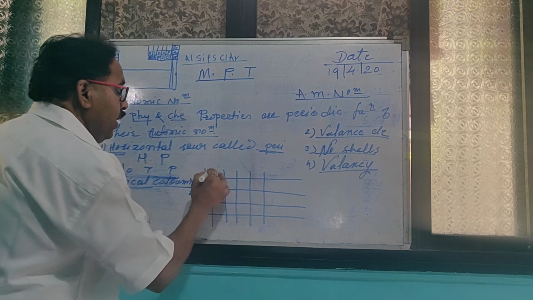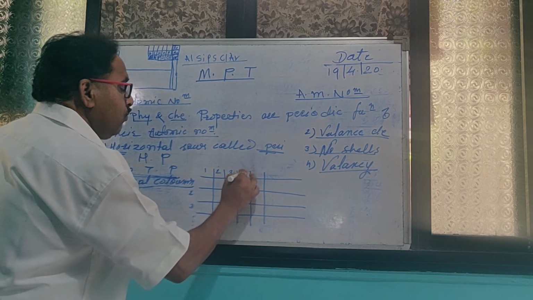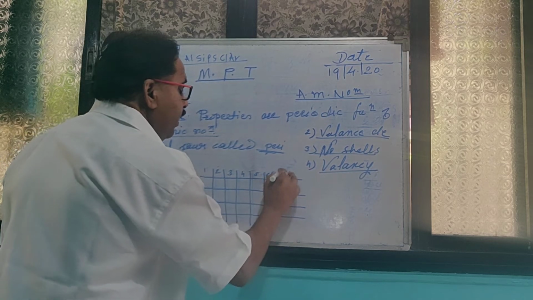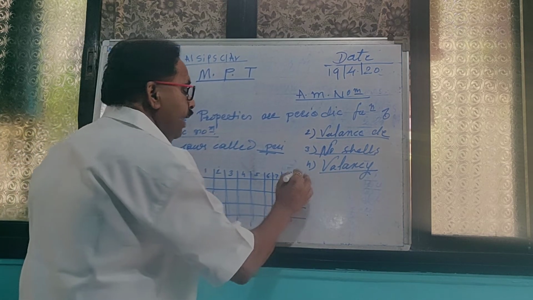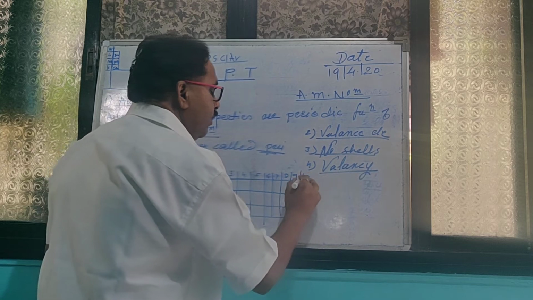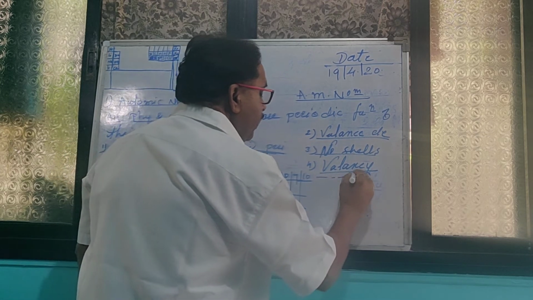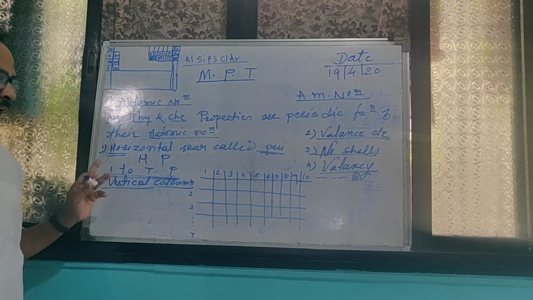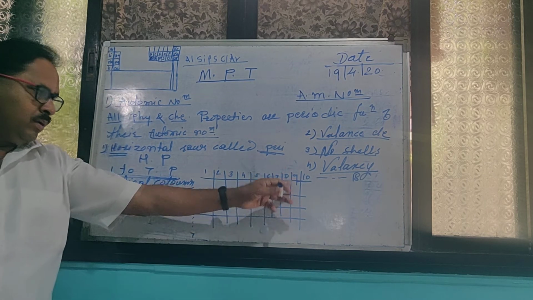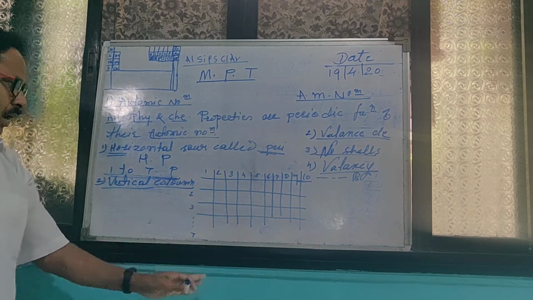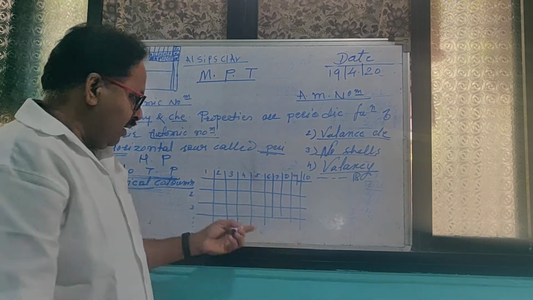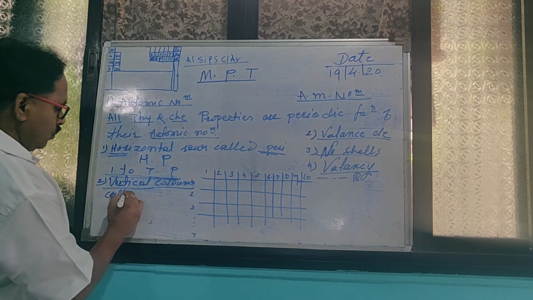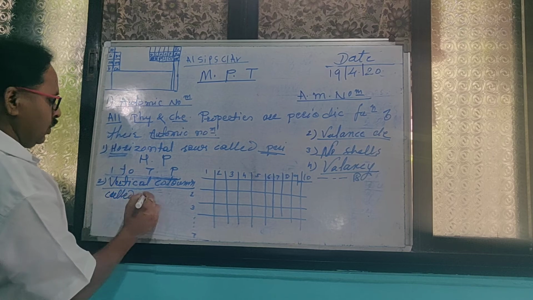If you number 1, 2, 3, 4, 5, 6, 7, 8, 9, 10, up to 18, that means there are 18 vertical columns. These vertical columns are called groups.